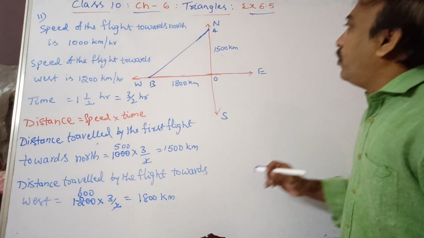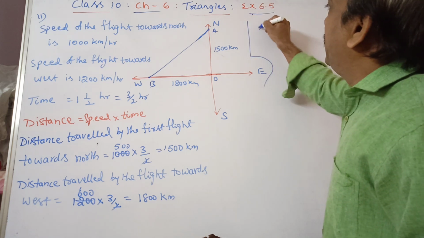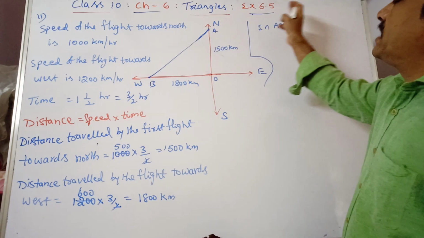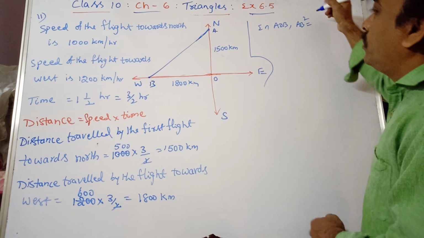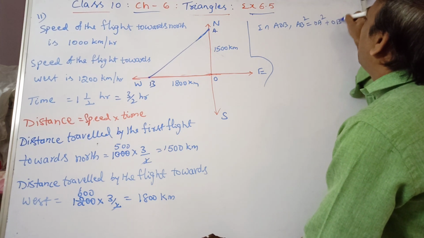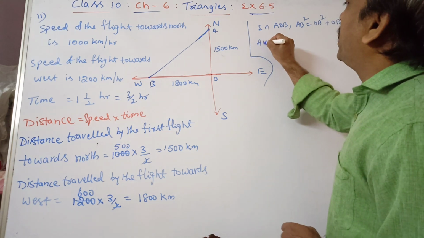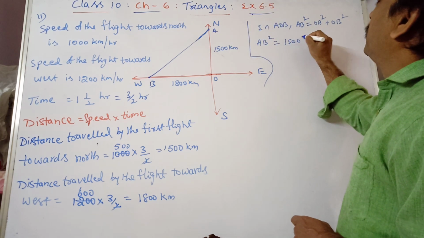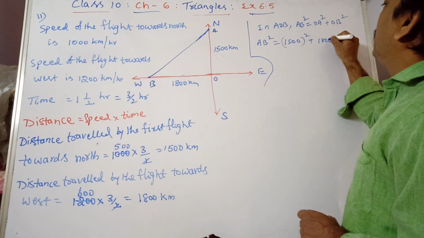In triangle AOB, you have to find the distance between A and B. So AB square is equal to OA square plus OB square. So AB square is equal to 1500 square plus 1800 square.